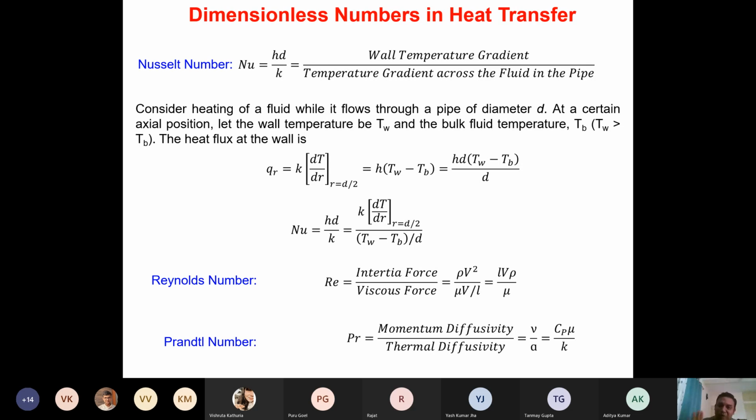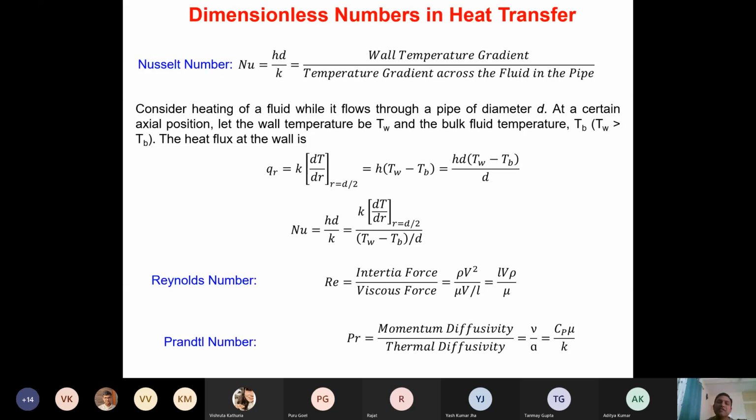The point I wanted to appreciate here is that dimensional analysis has given us the information that different dimensionless numbers are going to be important when I'm looking at the correlations of heat transfer. And depending on what system I am looking at, these dimensionless numbers are going to be different. So let us look at different dimensionless numbers which are regularly used in heat transfer analysis.